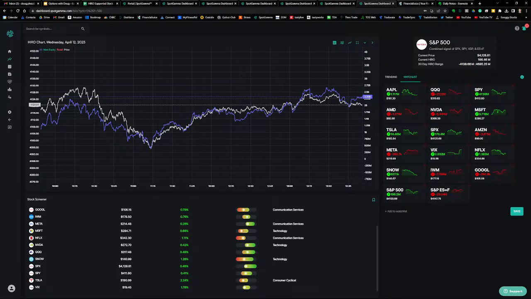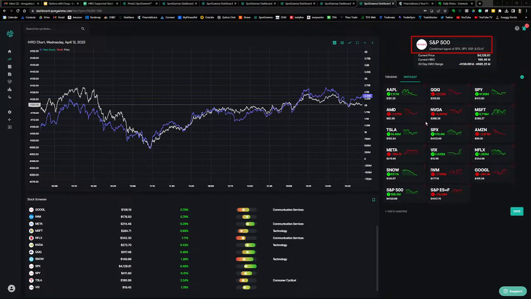And one important point here, this chart is a combined signal for SPX, SPY, and now, very importantly, ES. This is a new addition for today, and this is combining options trades for all those instruments, SPX, SPY, XSP, which is not significant, and ES futures, all into one combined signal.